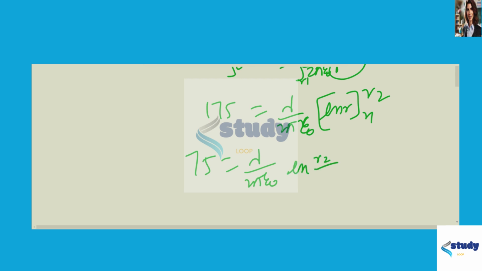So we can say that ln of r2 upon r1 will be 175 into 2 pi epsilon naught upon lambda. So that means r2 equal to r1 times e to the power of 175 into 2 pi epsilon naught upon lambda.